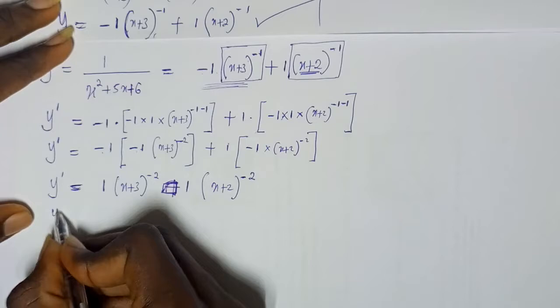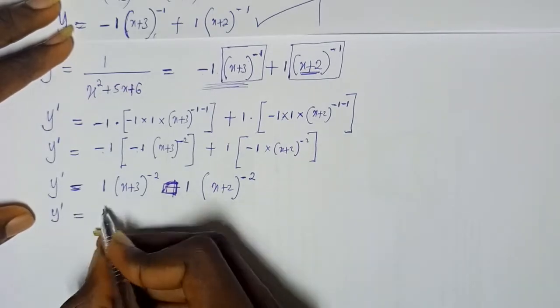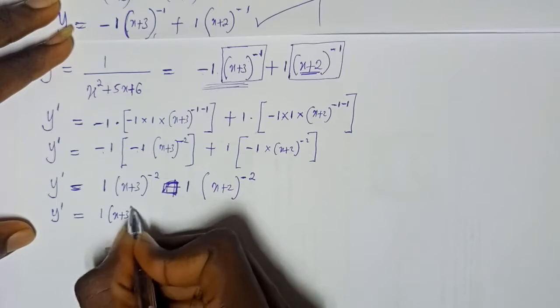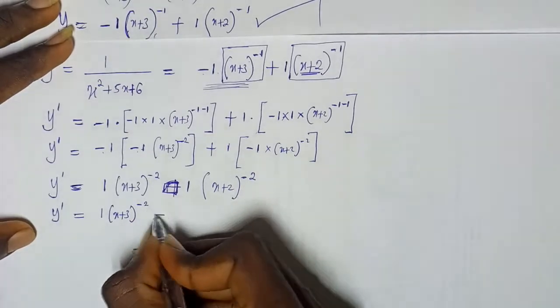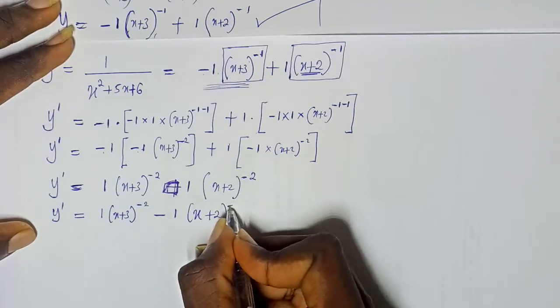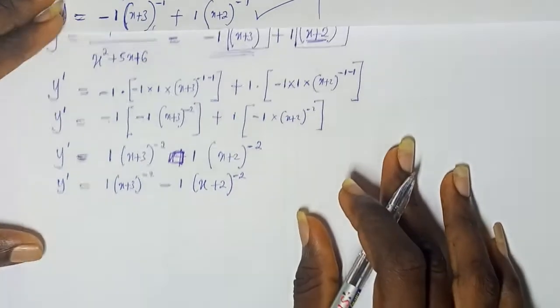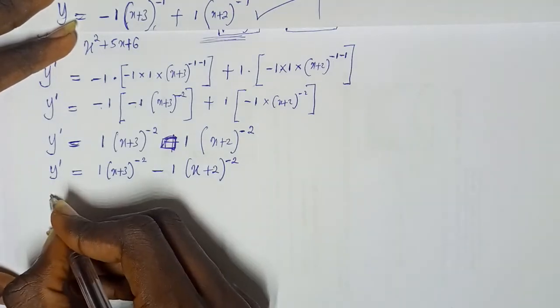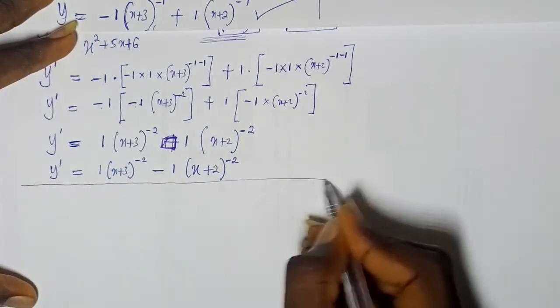Now, since we already have the first derivative to be 1 of x plus 3 to the power of minus 2, negative of 1 of x plus 2 raised to the power of minus 2, what would be the second derivative? We need to follow the same process of what I've actually done before.